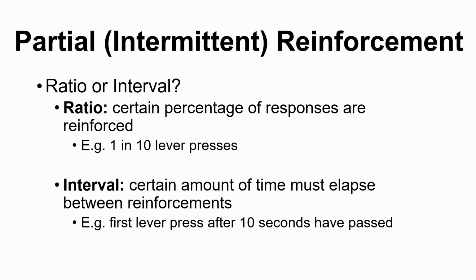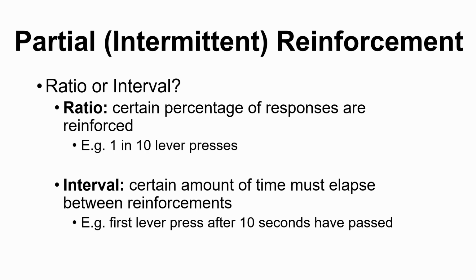So ratio is just talking about a certain number of responses. So if we say 1 in 10, so on the 10th lever press, that's sort of like a 10% response. There's a bunch of different ways that you can frame it. But if we're saying it's for sure 1 in 10 or every 10th press, that would be a ratio description. So we're talking about a hard number, a number of presses.